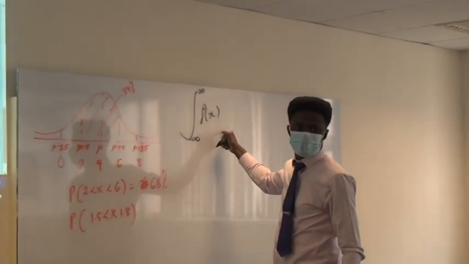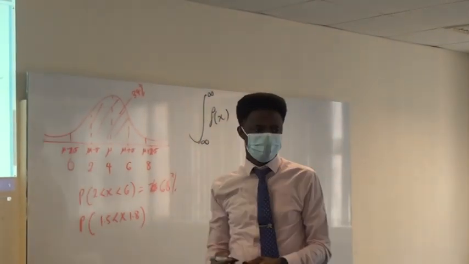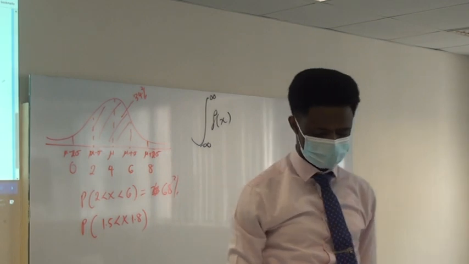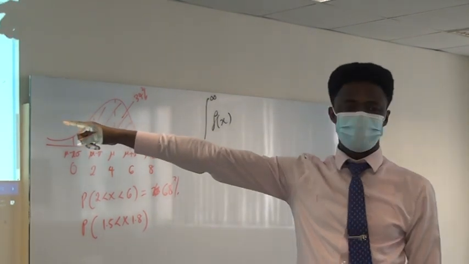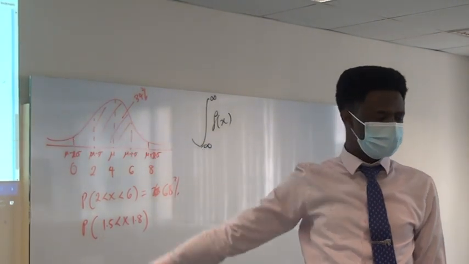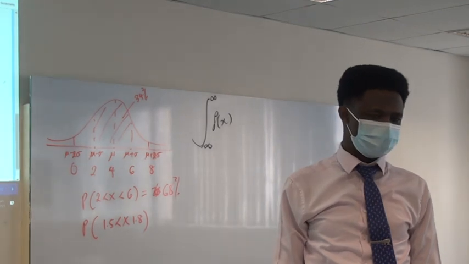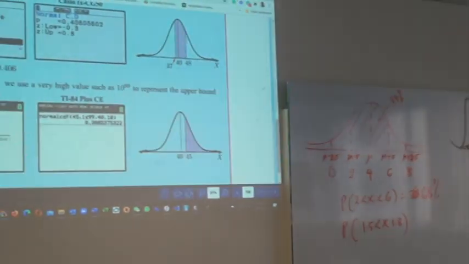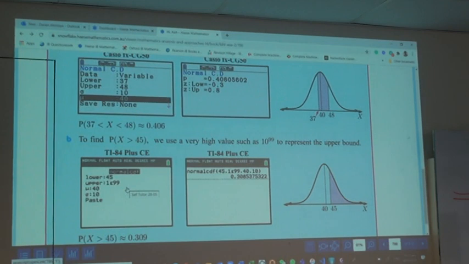So just use something extremely high or low. That's why 1 times 10 raised to 99 was used. That's a very huge number. So just use a very big number for lower and upper.